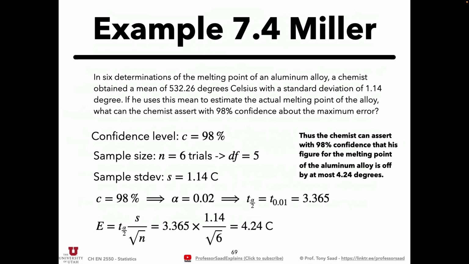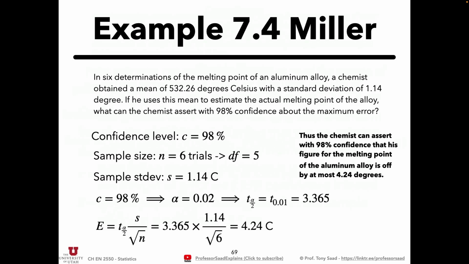Another example, in 6 determinations of the melting point of an aluminum alloy, a chemist obtained a mean value. Okay, so now we have the mean of 532.26 degrees Celsius, with a standard deviation of 1.14 degrees.